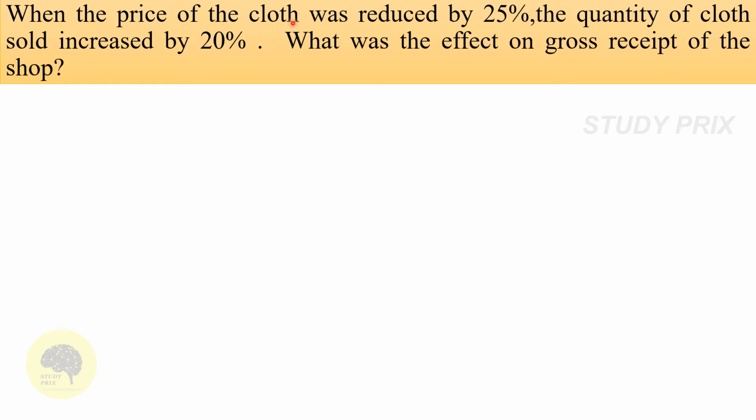When the price of the cloth was reduced by 25%, the quantity of cloth sold increased by 20%. What was the effect on the gross receipt of the shop? So at first it was decreased by 25%, so we have to apply minus a. And it was increased by 20%, therefore plus b, minus ab divided by 100.